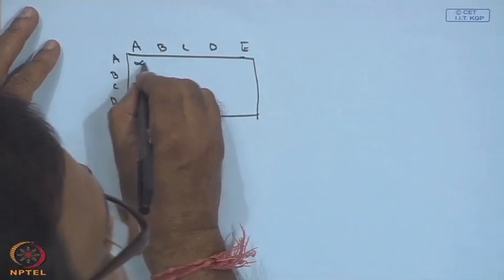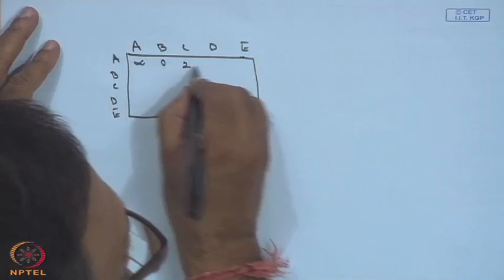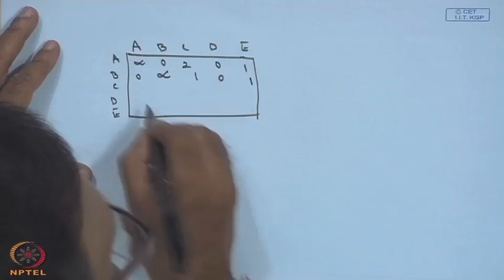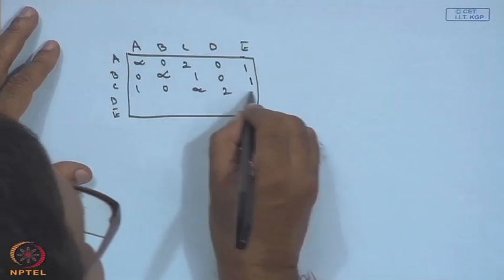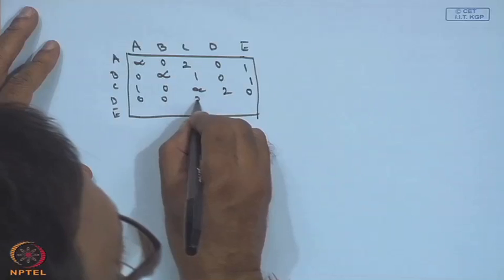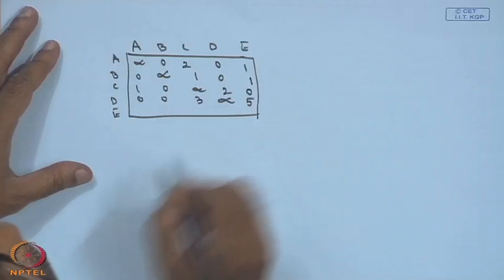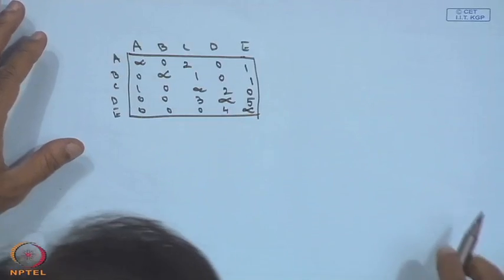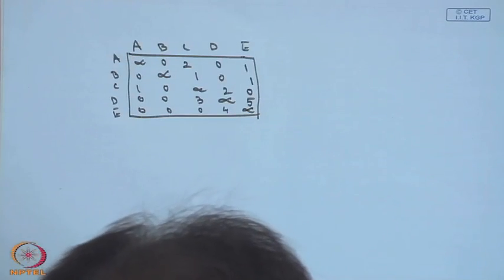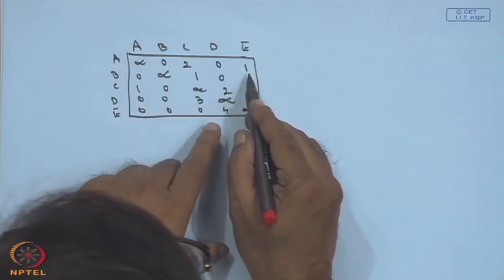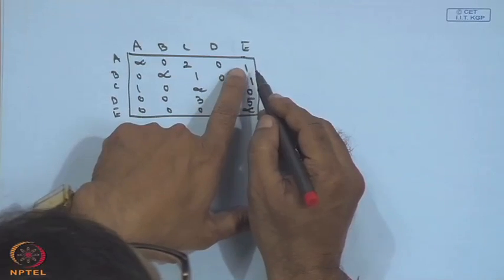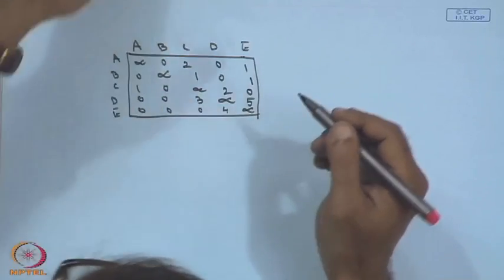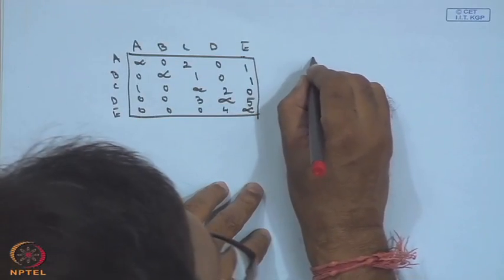So, you are writing all the elements: infinite, 0, 2, 0 and 1, 0, infinite, 1, 0 and 1, 1, 0, infinite, 2 and 0, 0, 0, 3, infinite, 5 and then 0, 0, 0, 4 and infinite. In this case again 4 different cases will be occurring, because the minimum element is 1 and 1 is occurring in 4 different places. I have done it for the other case, so I will just do case 1.